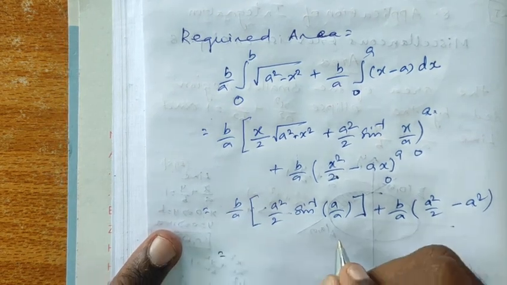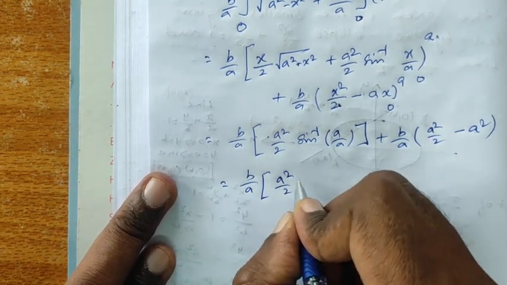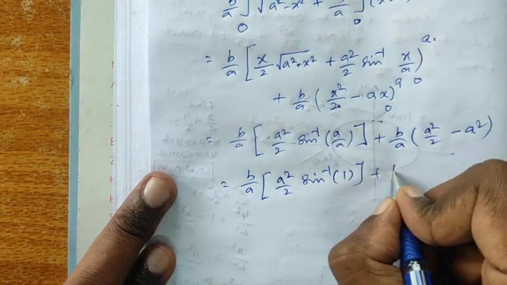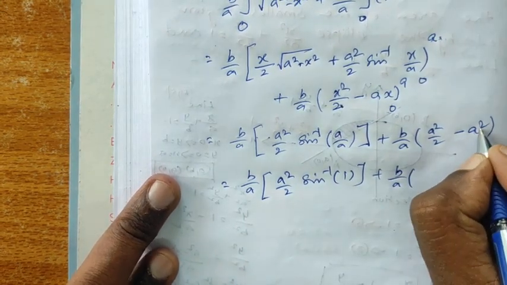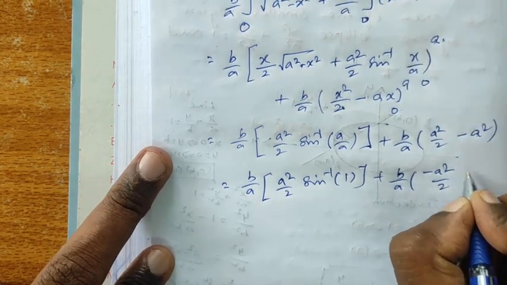So which is equal to b by a into a square by 2 sine inverse of 1 plus b by a into a square minus 2a square minus a square by 2.